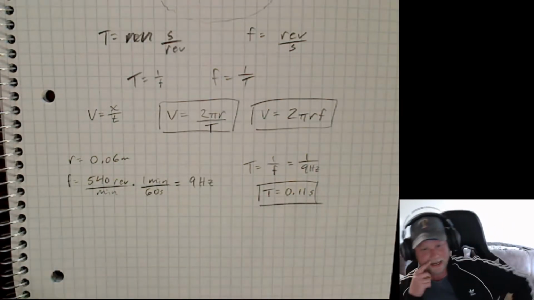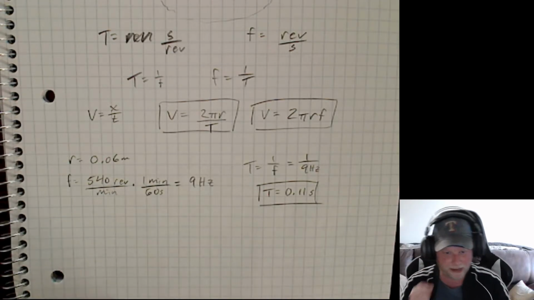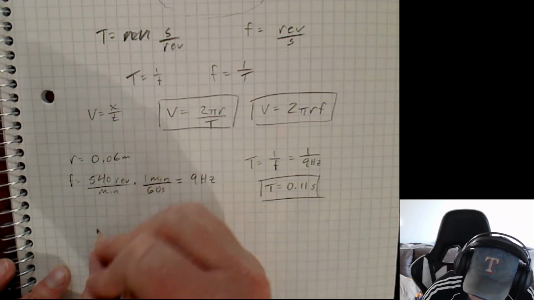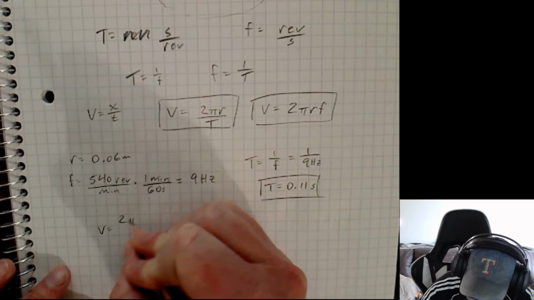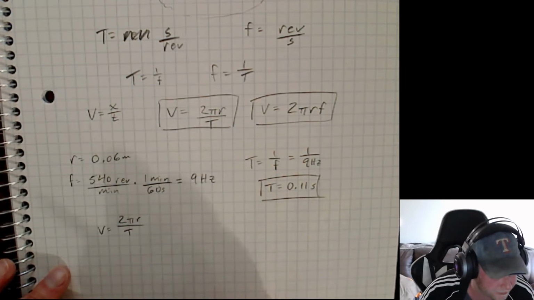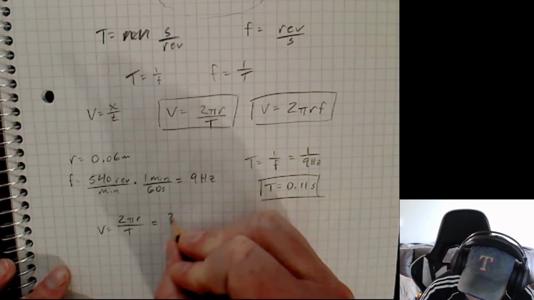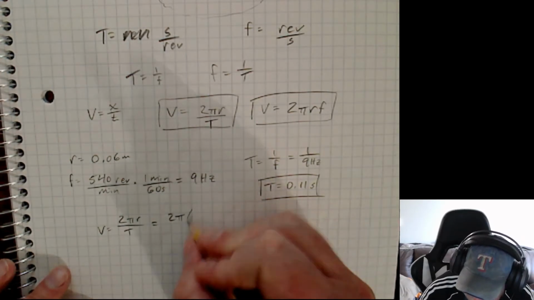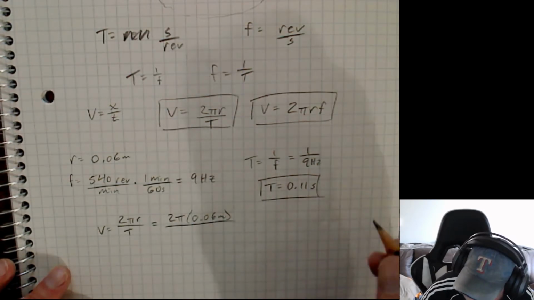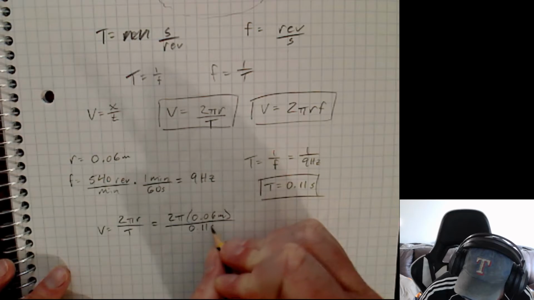So the second thing they ask us is, if a speck of dust rides on the outside of the edge of the disk, how fast is it moving? Well, our speed is determined by a distance, the circumference, over your period, which would be 2 pi times our radius of 0.06 meters over a period of 0.11 seconds.